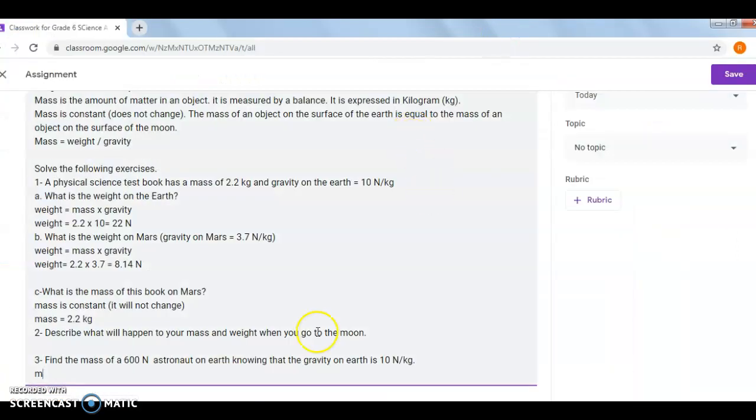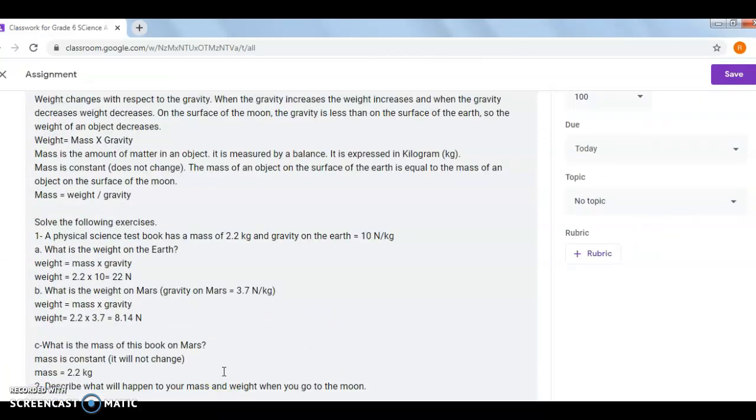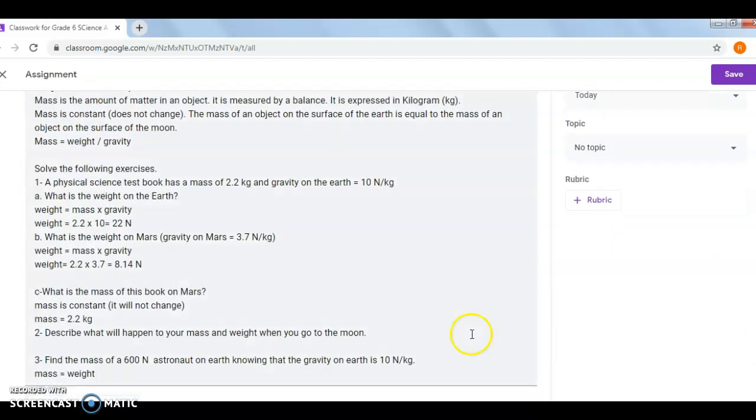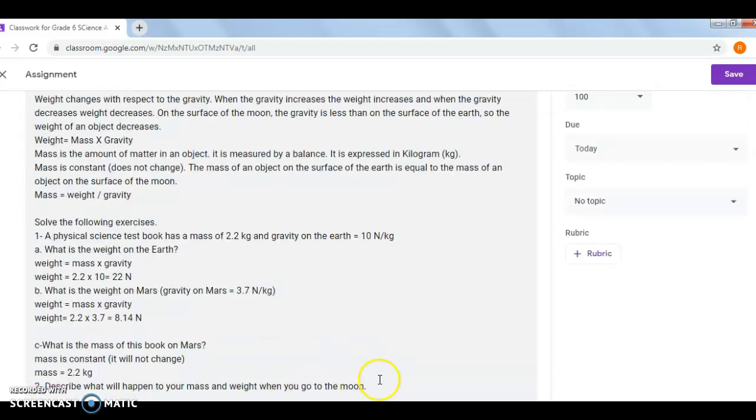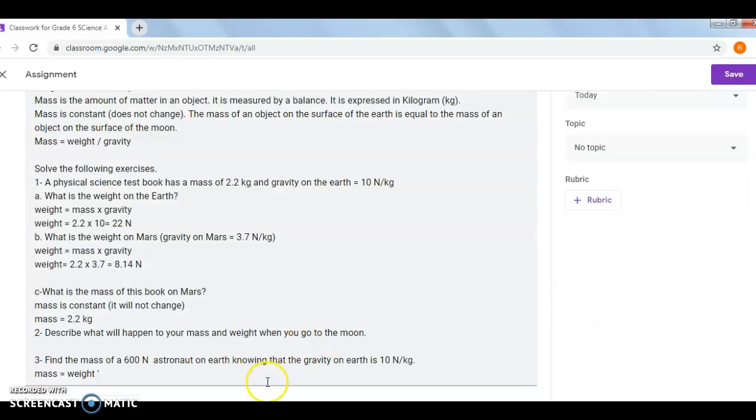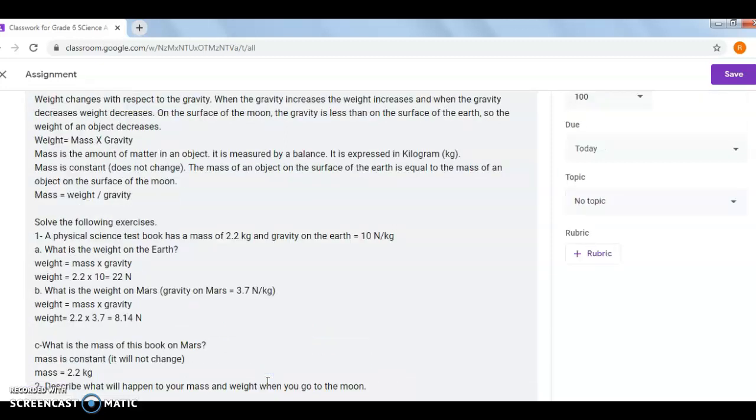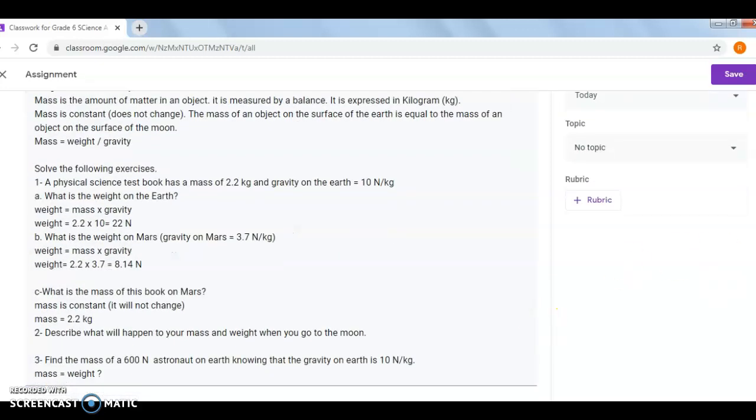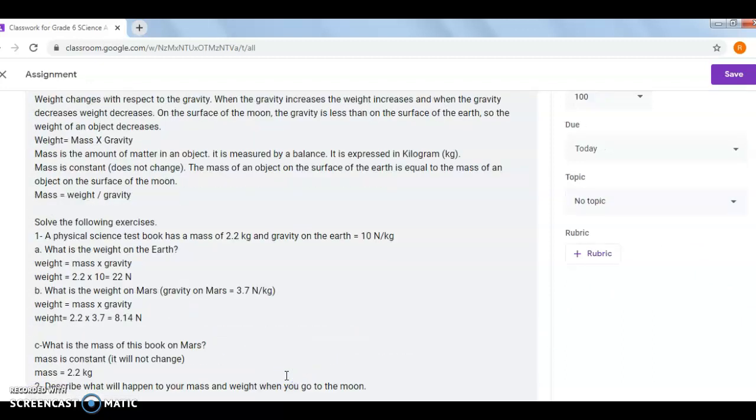So mass equals weight divided by gravity.